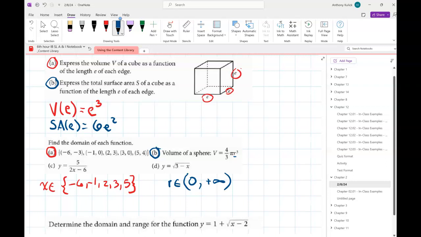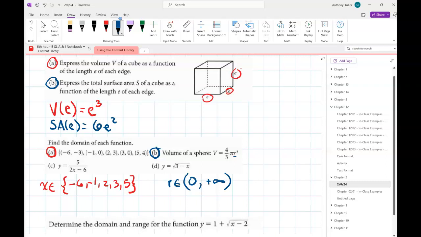Parenthesis means that number is not included in the set. An infinity always gets a parenthesis rather than a bracket. And we chose a parenthesis at 0 because a sphere with radius 0 wouldn't actually be a sphere, right? That's just a single point. And we didn't want to include that.